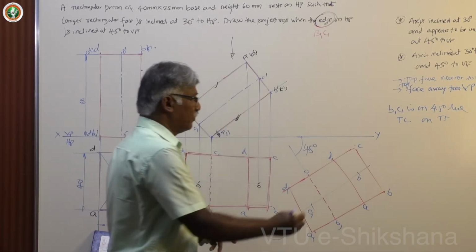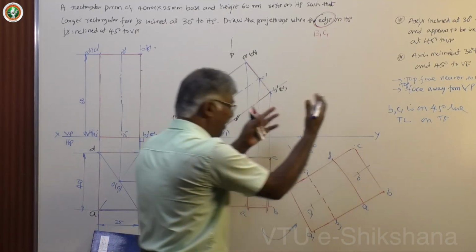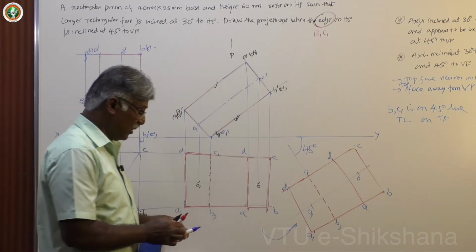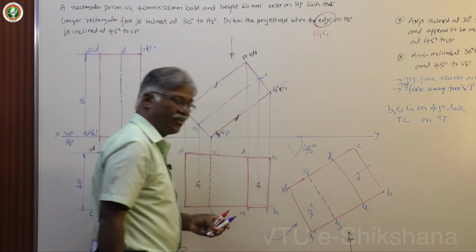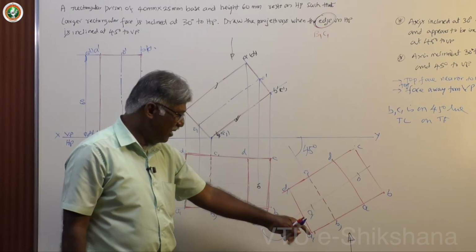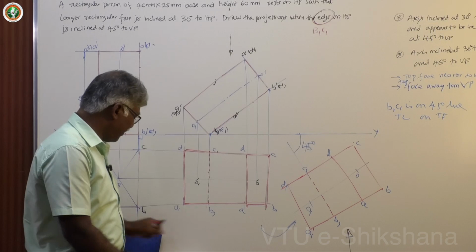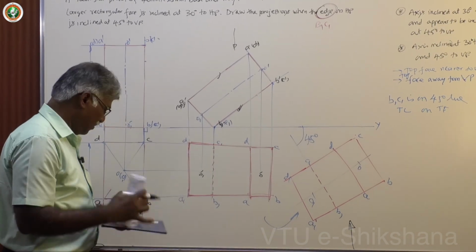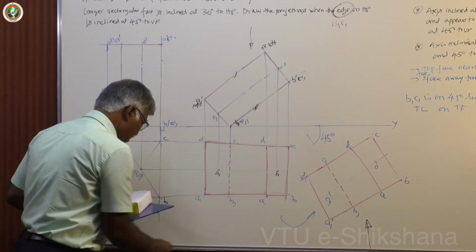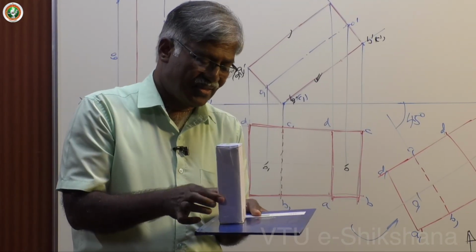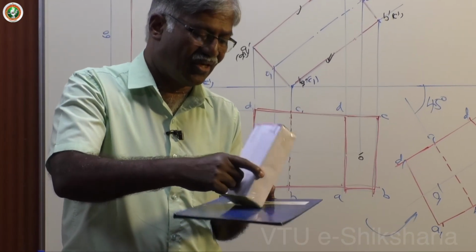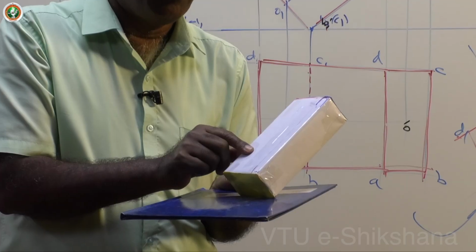Okay. Now, how to get the final top view, front view? You are looking from this direction. You are here, observer. It's very clear that the base is nearer to the observer. So, first position, second position, third position. Base is visible.